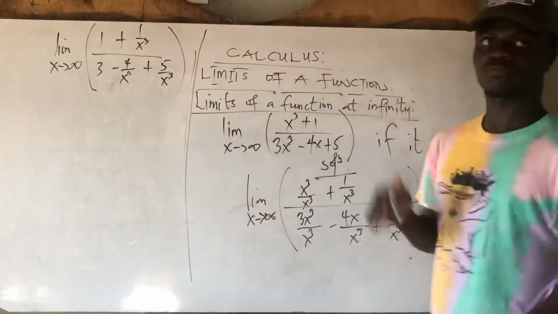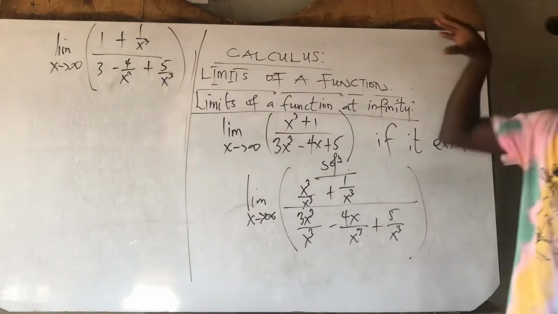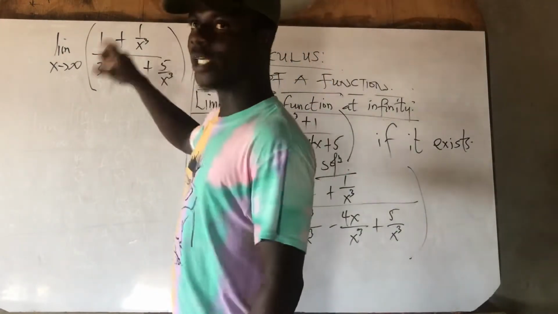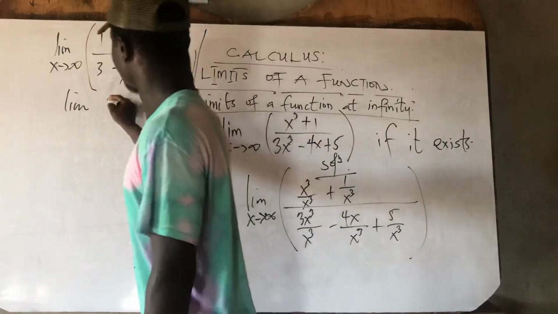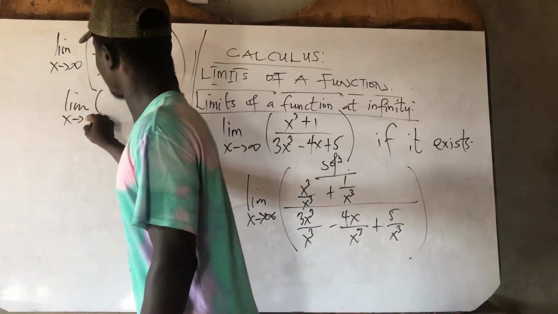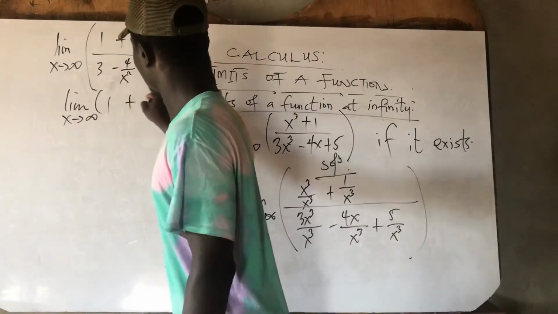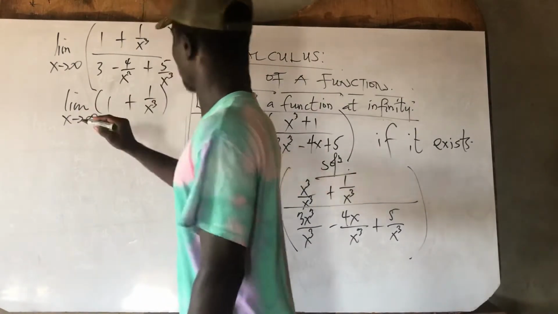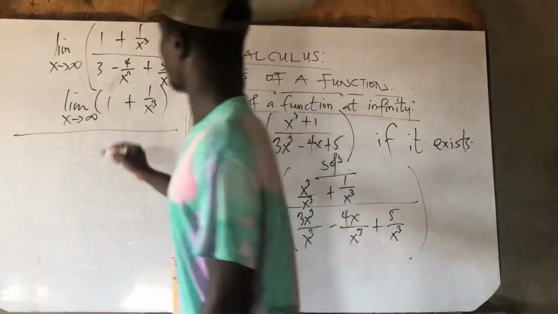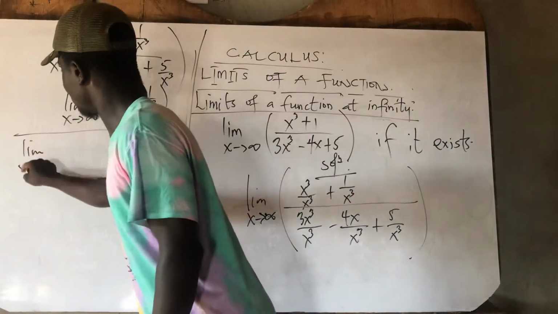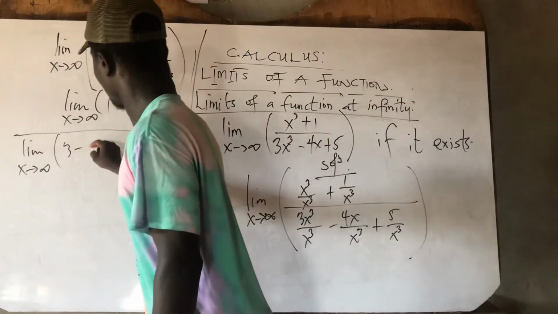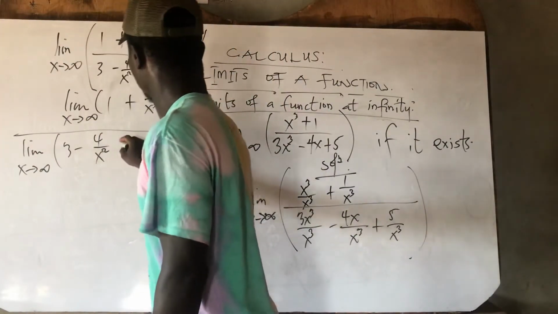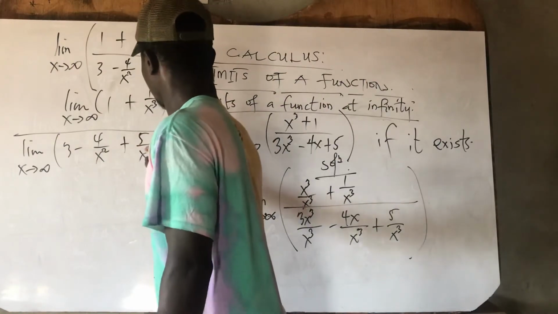So we take the limit for the numerator and the denominator. So I have the limit as x approaches infinity of 1 plus 1 over x cubed, all over the limit as x approaches infinity of 3 minus 4 over x squared plus 5 over x cubed.